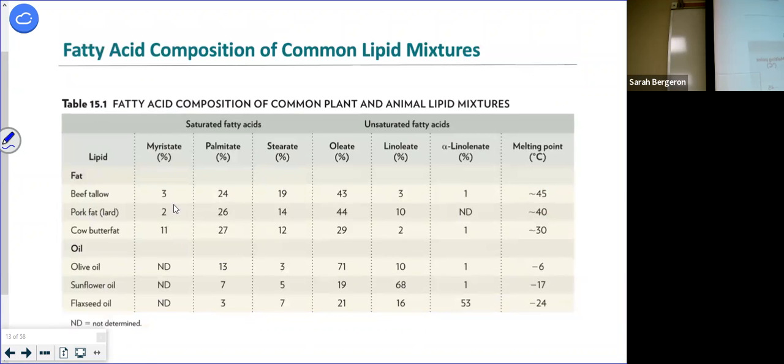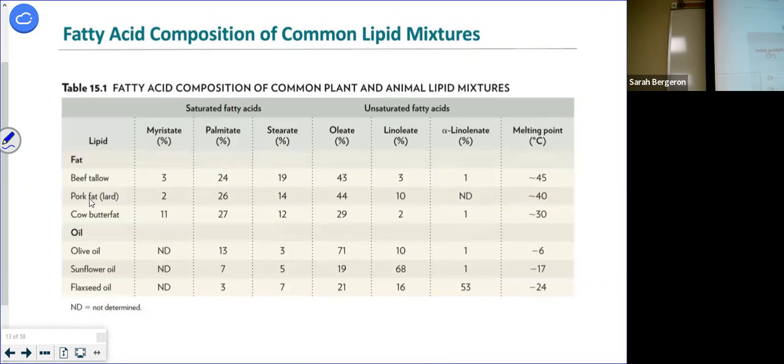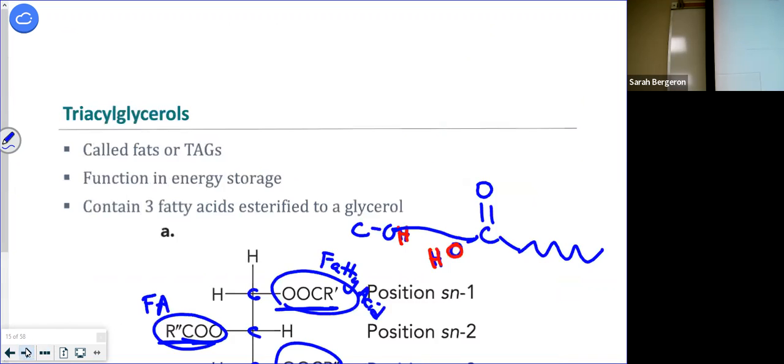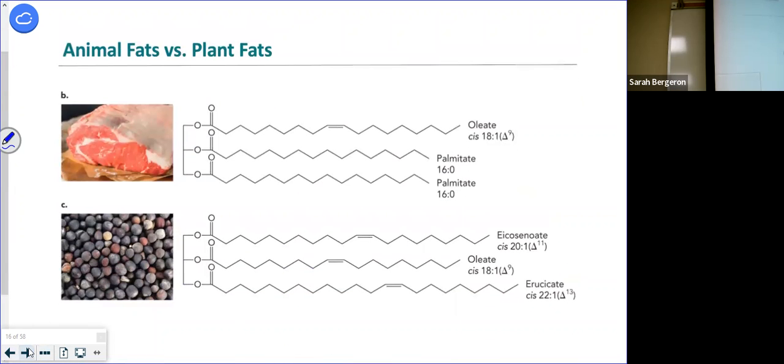Now, the melting point is also going to be dependent upon the other things that are there, but you should get relatively close.